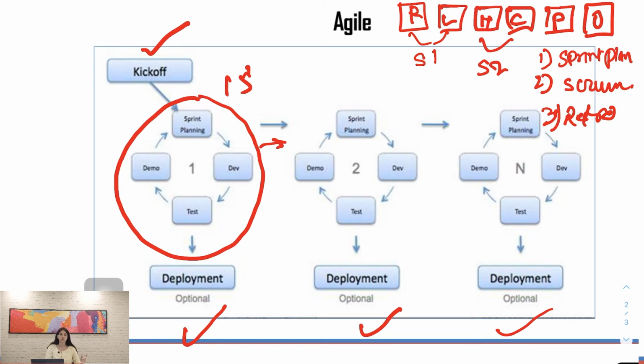It's not that the documents are not created at all. Of course, documentation happens, but very crisp and to the point, and in very little time. So it's not a document oriented model, but yes, documentation happens in as short a way as possible. So you can see this model. We'll switch back and see.